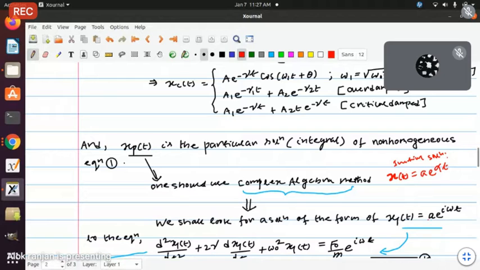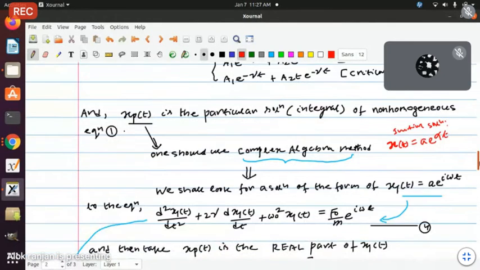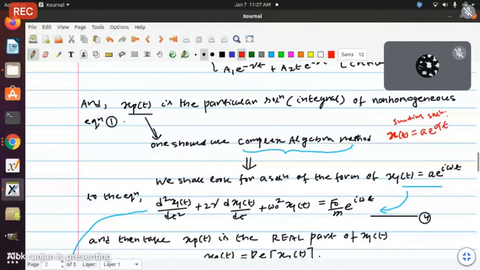And this is the initial guess solution of which equation? This one: d square x1 of t by dt square plus 2 gamma dx1 of t by dt plus omega naught square x1 of t equals the right hand side.